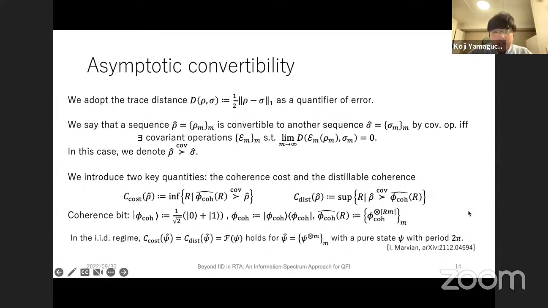In the IID regime, as I have mentioned, these two quantities have been calculated, and it is known that the coherence cost and the distillable coherence for a pure state are given by the quantum Fisher information. However, in general, these quantities do not necessarily coincide with each other, and a general formula for these two quantities in the non-IID regime is the main target of our analysis.